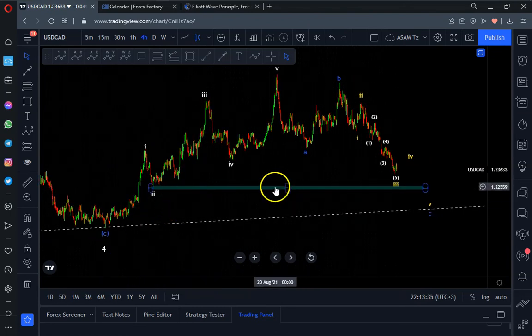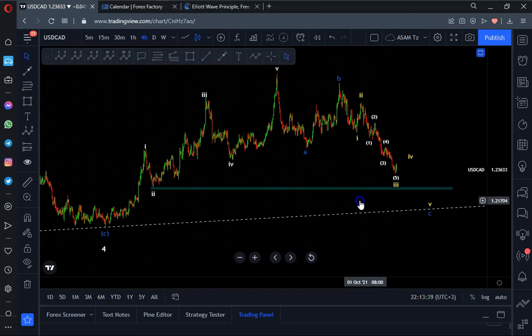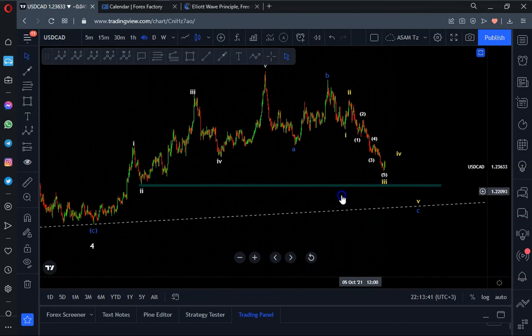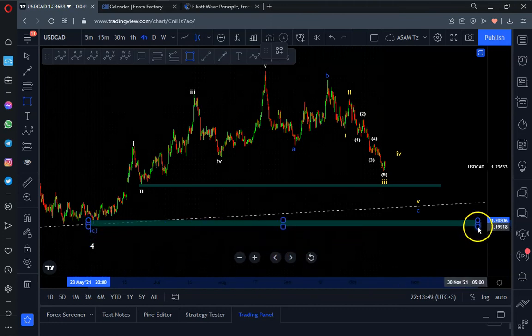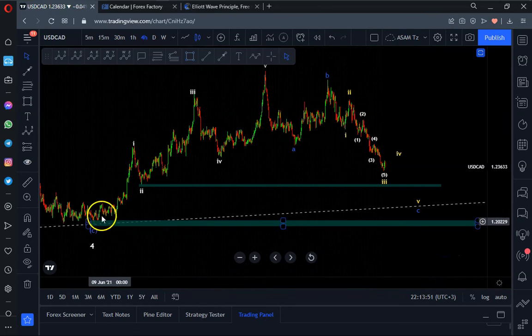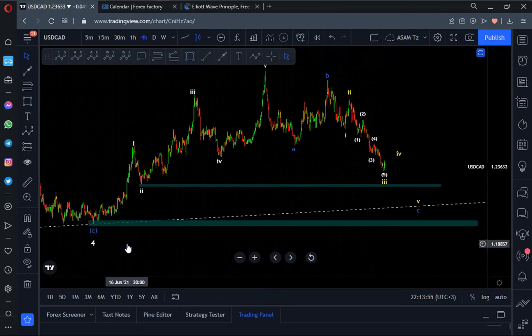So we expect this one may end around this area, but if it goes beyond this level, it's not necessarily wrong. It will be invalid if it moves far down beyond this area where the fourth wave ended.